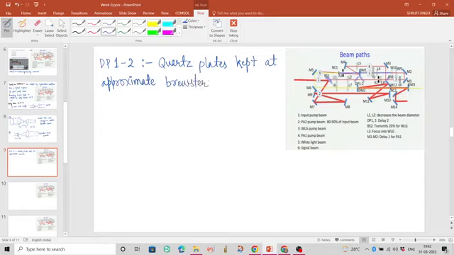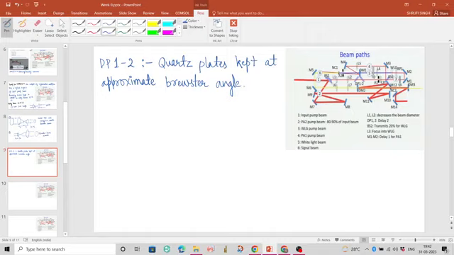These quartz plates are kept at approximately Brewster angle. Now the Brewster angle, why? Because we need to maintain the polarization. And why is it approximately? Because this angle can be changed a little bit, it can be tuned. So these DP1 and DP2 quartz plates are for little angle tuning. It will be used later.